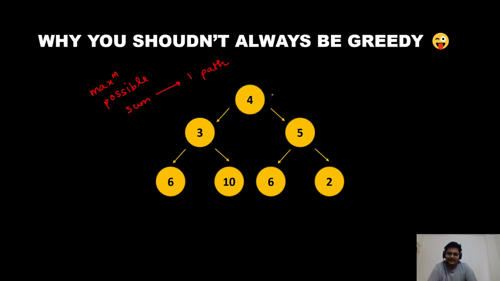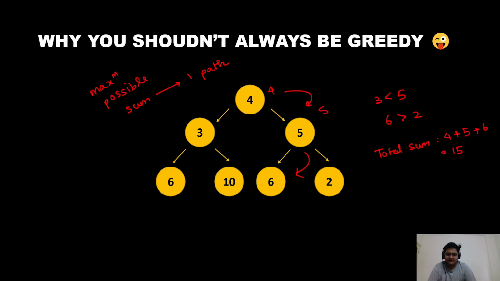Now if we use the greedy approach, we'll first go from 4, then we'll go to 5 since 3 is less than 5, and then we'll go to 6 since 6 is greater than 2. Hence the total sum we find with the greedy method is 4 plus 5 plus 6, which sums up to 15.